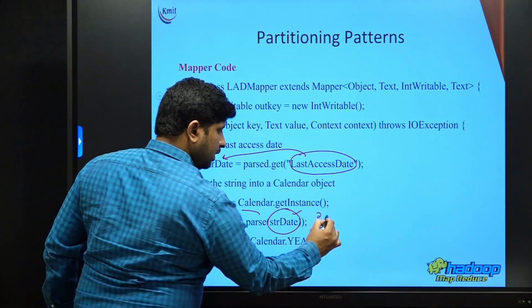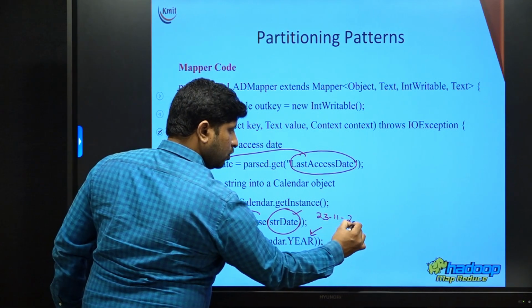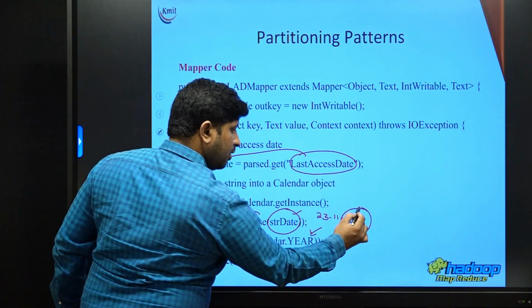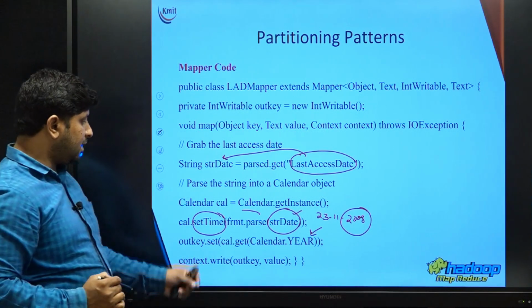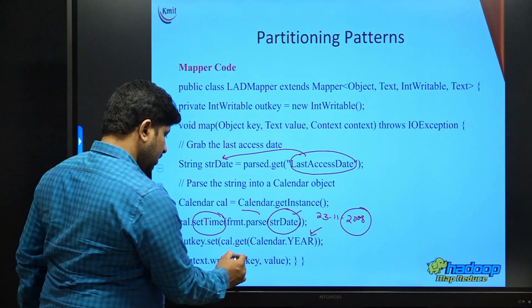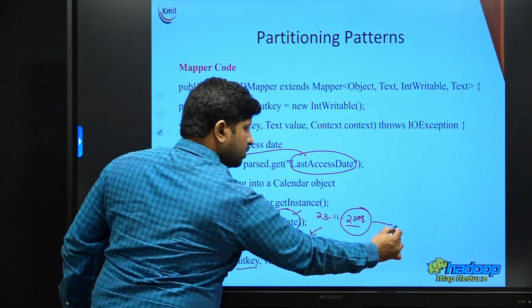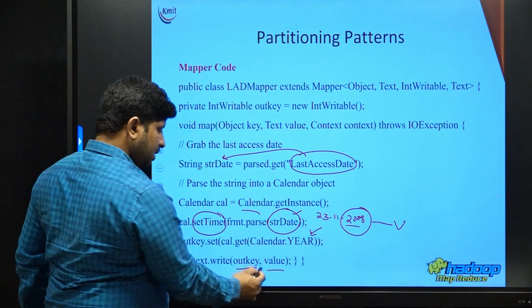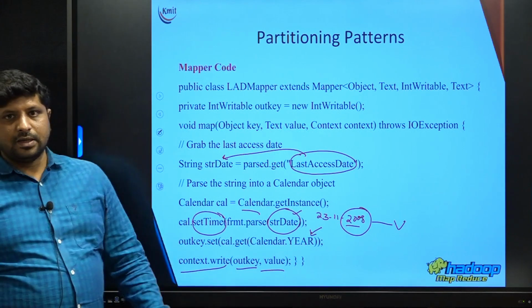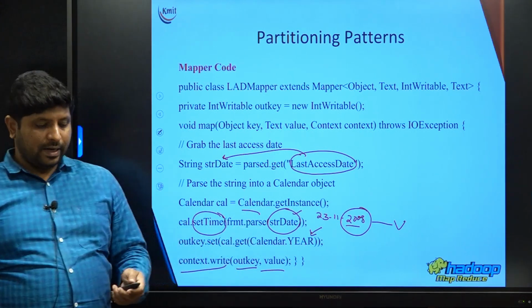If it is 23 November 2008, it is going to retrieve only the year, and this year will be set as your key, and the value, which is the particular post in this year, is going to be sent, or written as the output of the mapper to the context object.